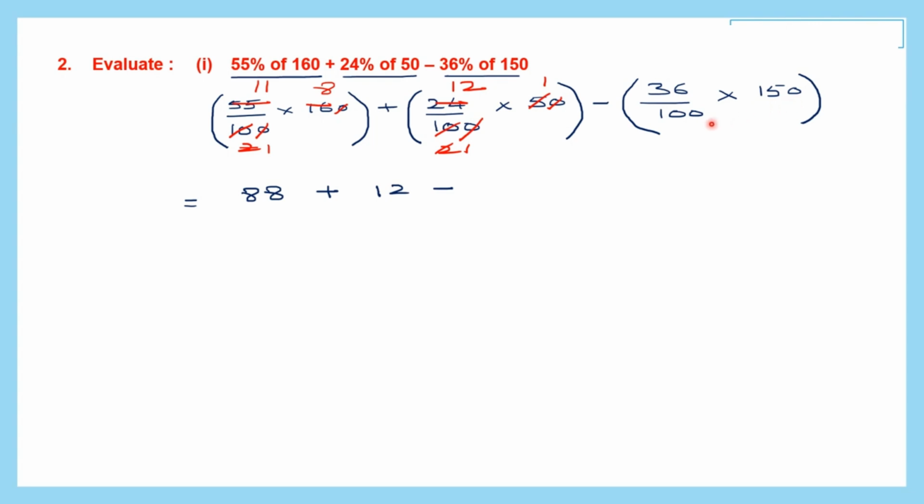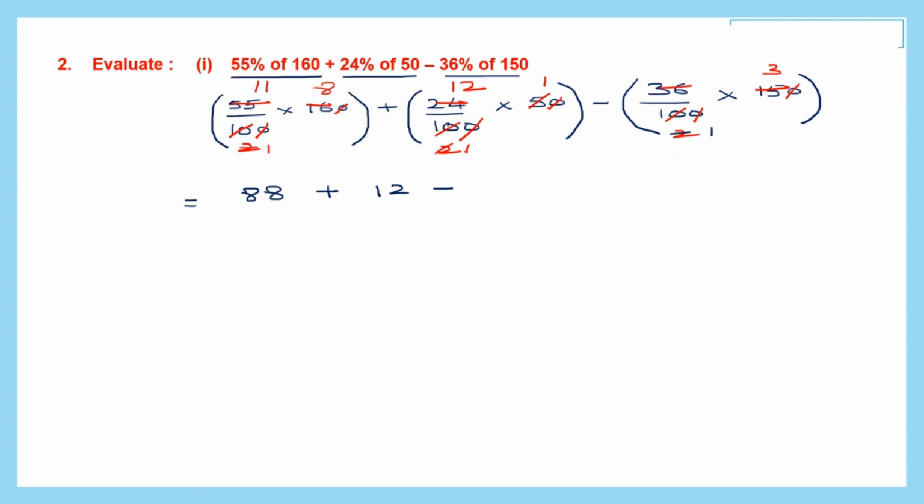Here I can cancel the zeros again. So I cancel 10 here and 10. I can cancel 10 and 15 by 5. 5 2s are 10. 5 3s are 15. Then I can cancel 36 and 2. So 2 into 18 is 36.